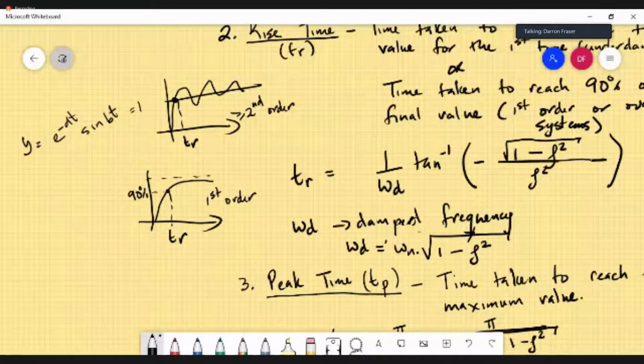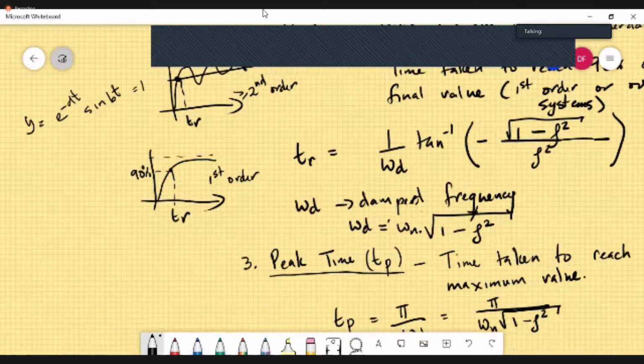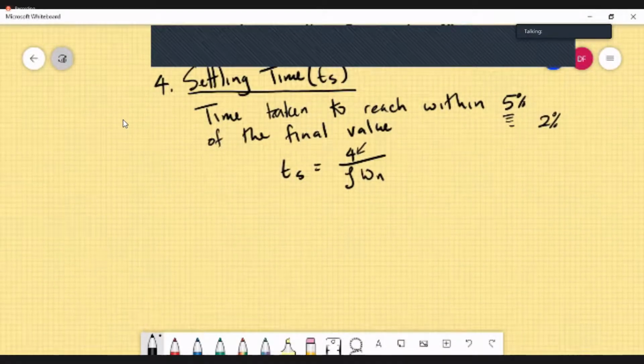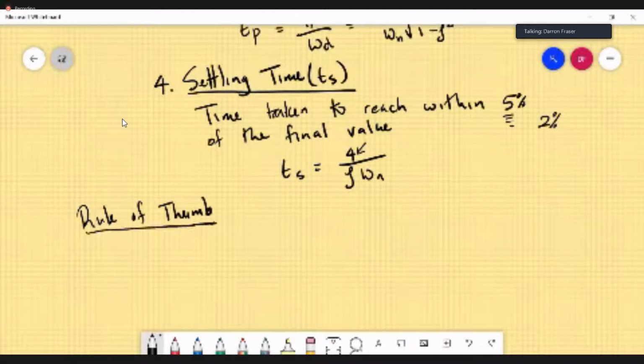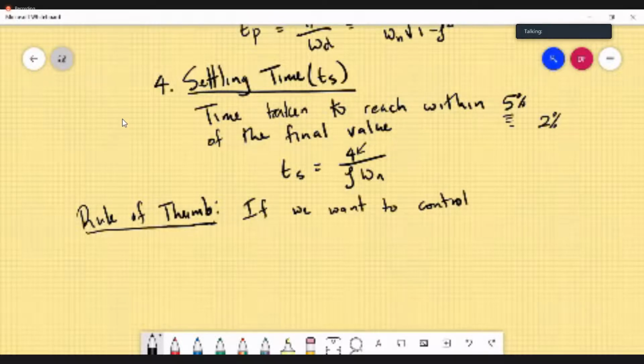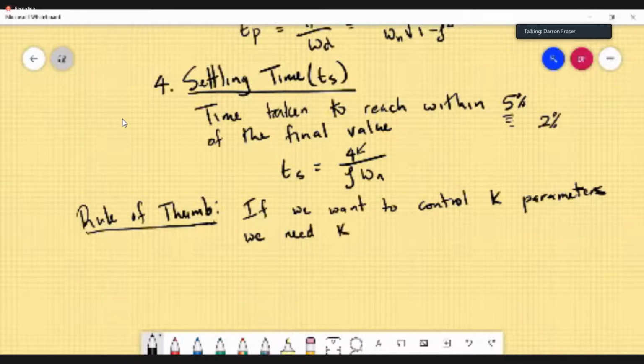Now, a rule of thumb, which means it's not a real rule: if we want to control k parameters, we need k gains.